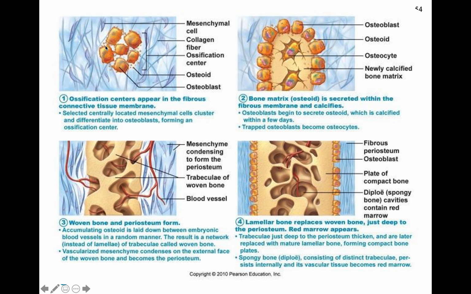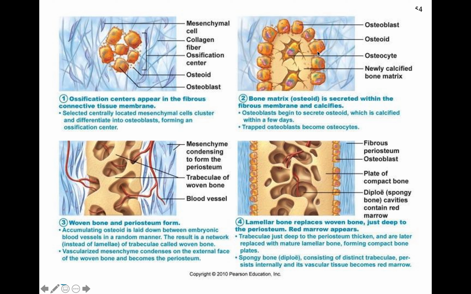Those osteoblasts immediately start to secrete bone matrix. When those osteoblasts get surrounded by their bone matrix and it becomes calcified over time, look, they're in their little lacunae, they now are going to mature into osteocytes.